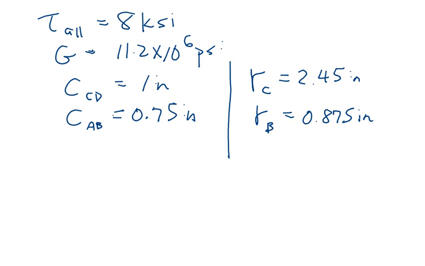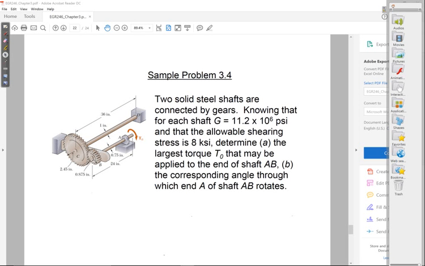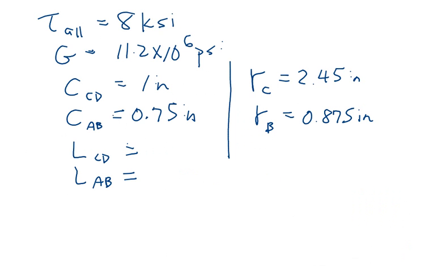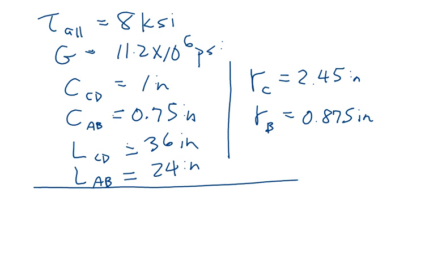Okay, then we have length of CD, length of AB. Those are 36 inches and 24 inches. Okay, so the first part, part A, right?